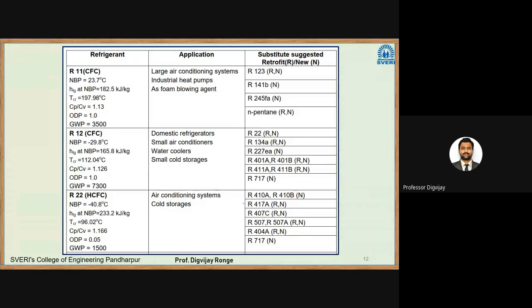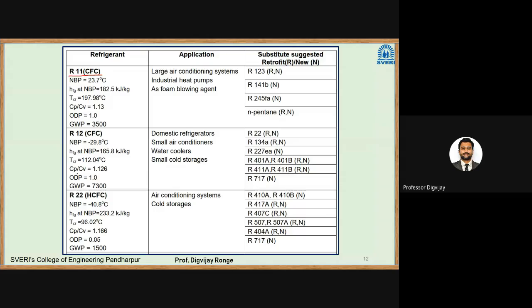We'll see what the old refrigerants were that got phased out because of their ozone depletion potential and global warming potential, and what alternate refrigerants we use nowadays. First in our list is R11. Its specific property is that it is non-toxic and non-flammable, but because of its ozone depletion potential and global warming potential, it has been phased out.